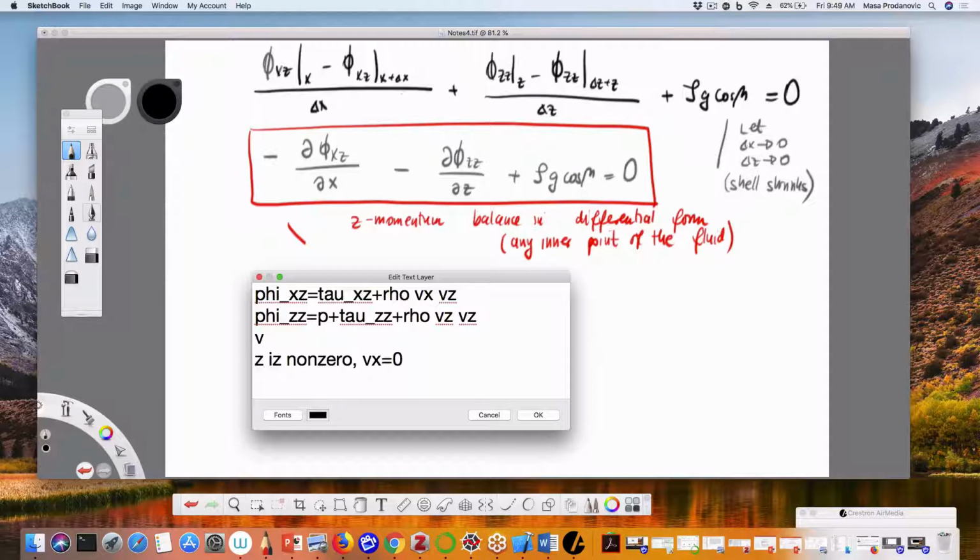And then that Vz depends on which direction? Only on x. So I'm going to assume that all of the layers are moving in unison as far as the z direction goes. I don't have any acceleration down this slope because the slope is nearly horizontal, right? So wherever I look in the z direction, I'm going to see the same velocity.